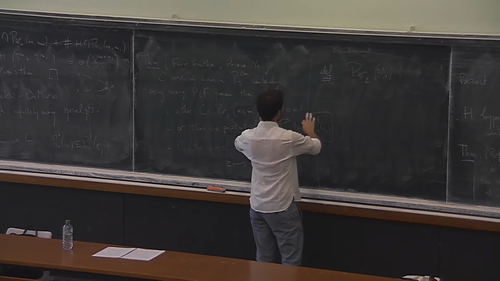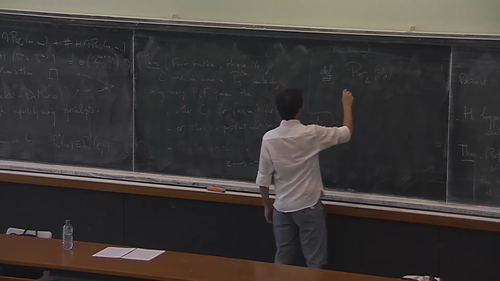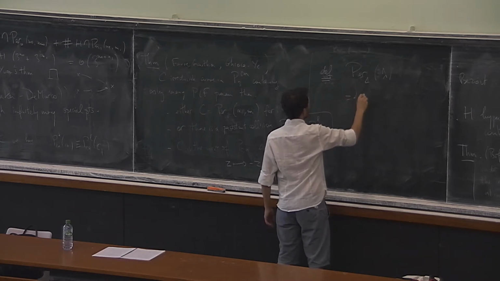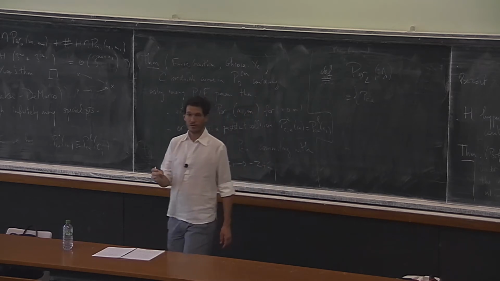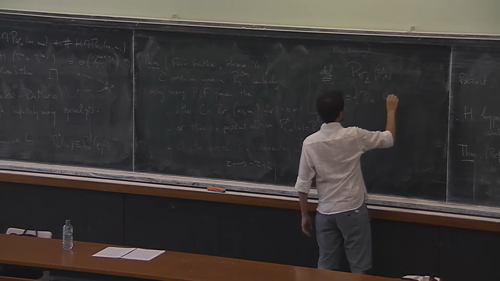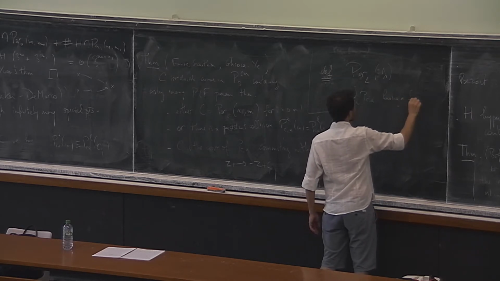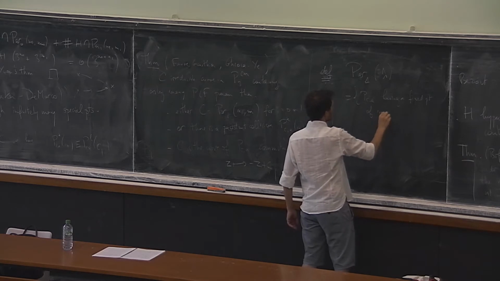So sorry, there's a conflict in notation here. I did not think about it. So it is the set of polynomials P_{c,a} which have a fixed point of multiplier lambda, having a fixed point of multiplier lambda.